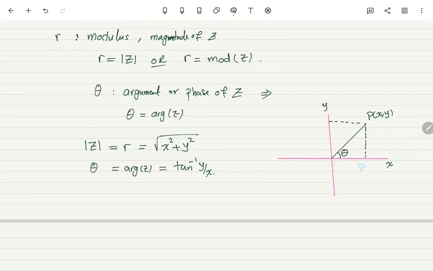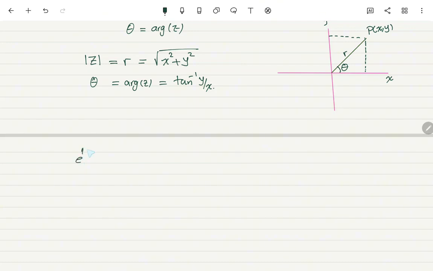We just used this figure here to find the magnitude r, which is this one here, and tan theta is equal to y over x.